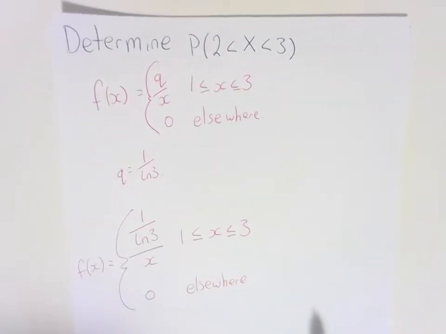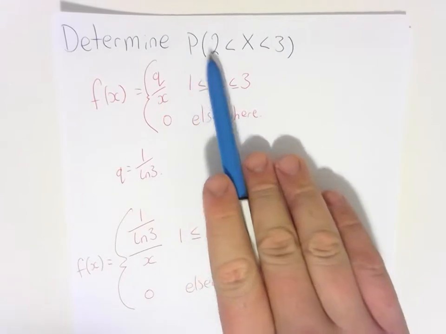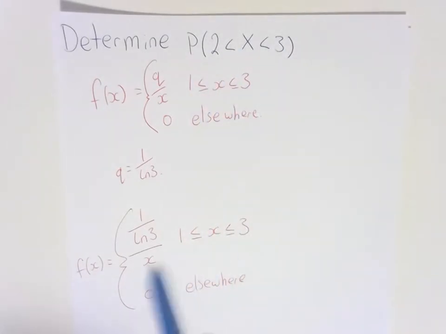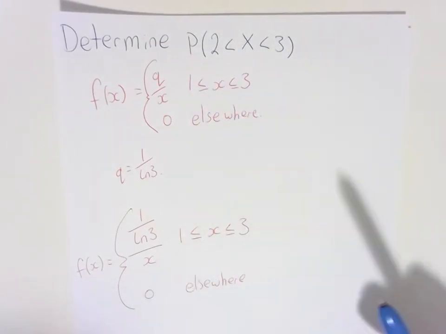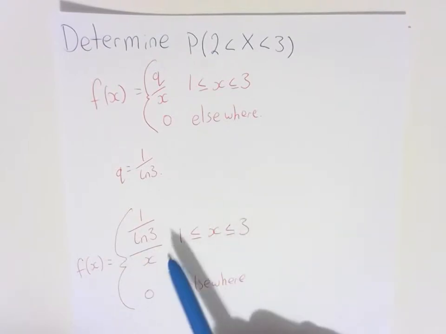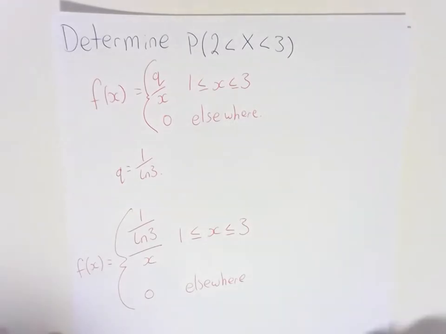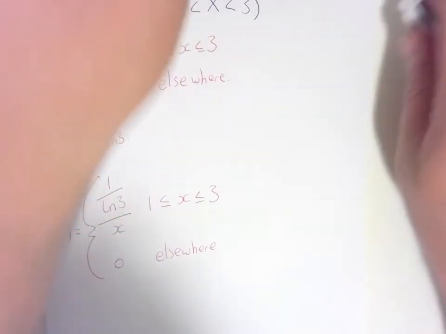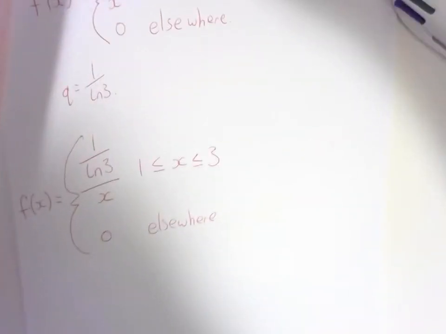Now that we want to determine the probability between 2 and 3, I take this one here and I'm going to do the integral just like we did with our last question. The integral, instead of between 1 and 3, we want it between 2 and 3. So I'm going to do this over here and zoom in a little bit.